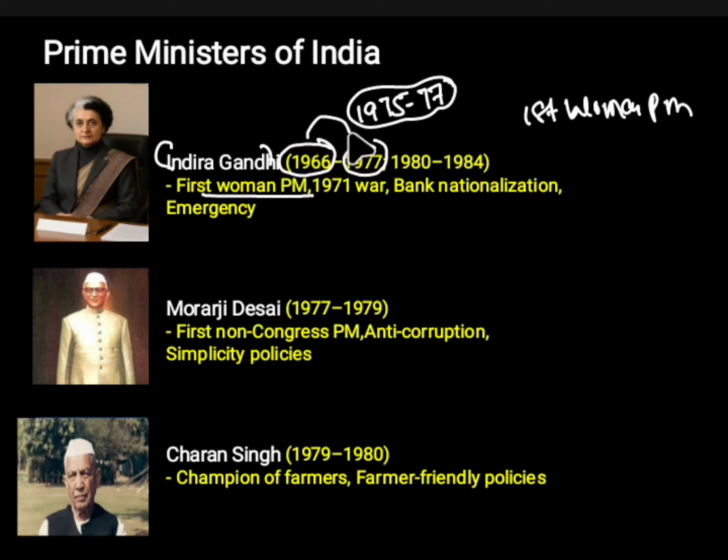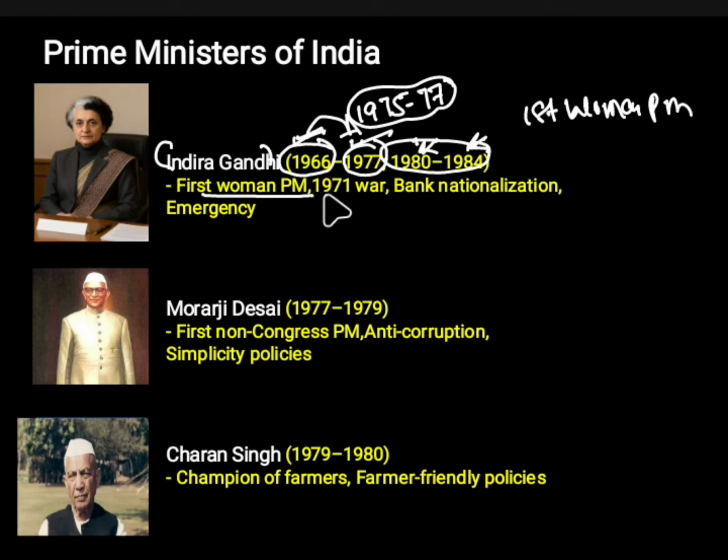And after then the Janata Party came to power. She lost the elections, and she again won the election in the year 1980, and she died in office itself in the year 1984. So she served 3 terms: 66 to 77 and 1980 to 1984.